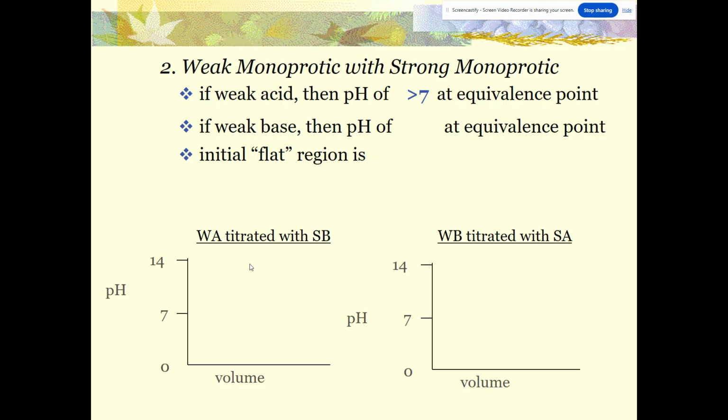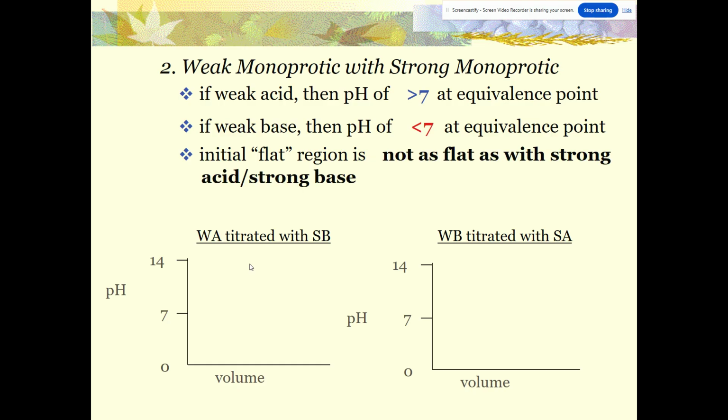Then the strong acid kind of overtakes and the pH actually gets a little lower. Now, it's a little more complicated as to why the pHs are not at 7. It has to do with when you have a weak acid and a weak base, their conjugate is fairly strong. Not strong, but strong enough to actually impact the pH at the endpoint.